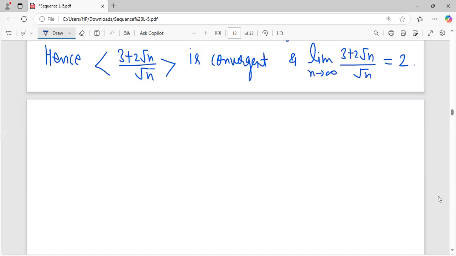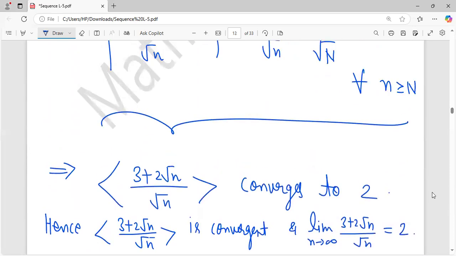Okay. So this sequence is convergent. Whenever we are asked whether some sequence is convergent or not, first you have to guess the limit if it is convergent, and then you have to show it by the epsilon definition.